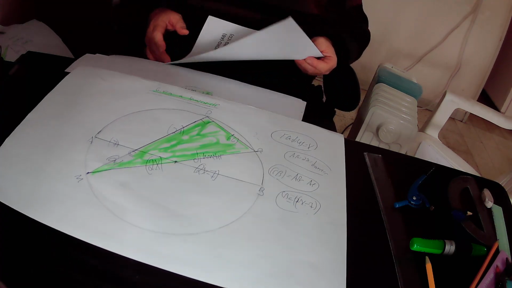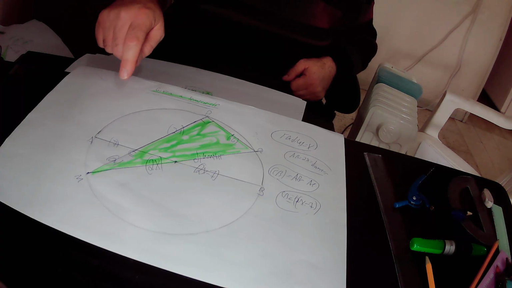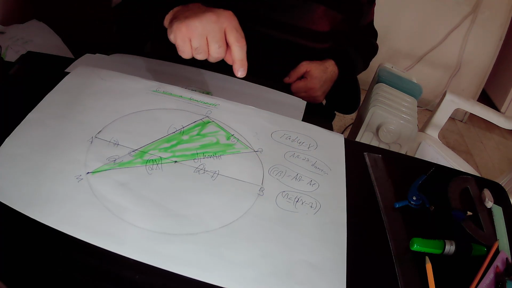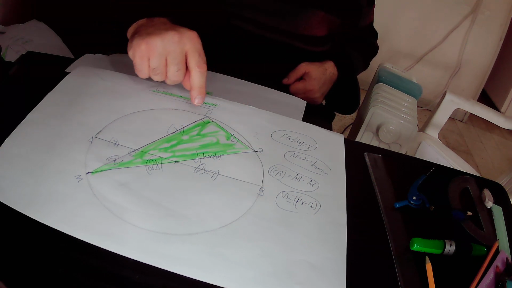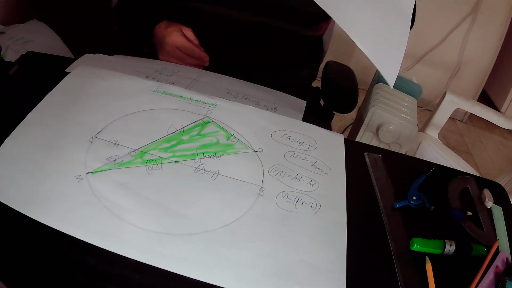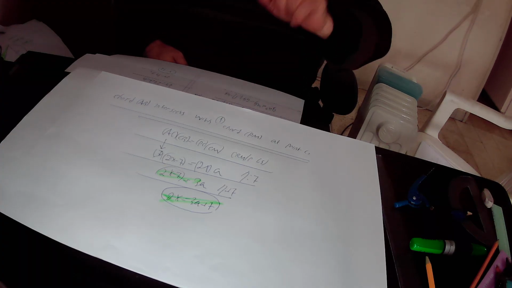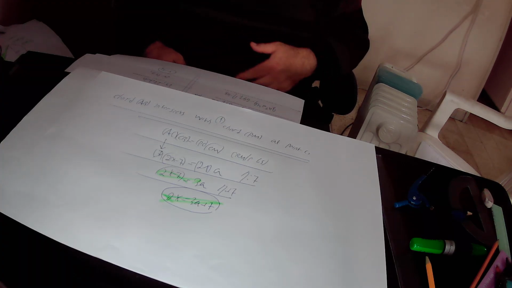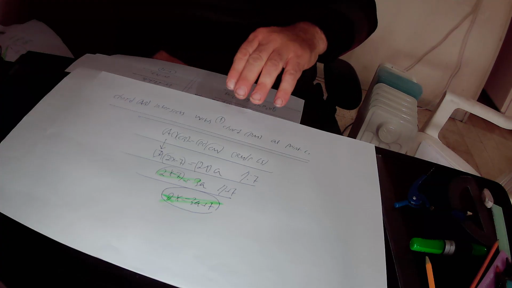In our drawing, we have chord AB that intersects with chord PM at point C. So all the requirements of the theorem are satisfied, therefore we can implement it.